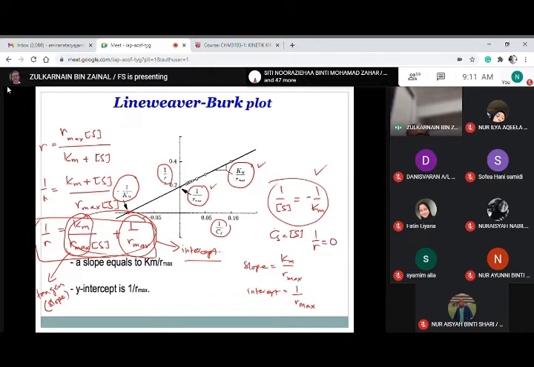So if, for example, you determine the intercept first, you get the value of R max, and after that you determine the value of the slope, you then can determine the Km value from there.